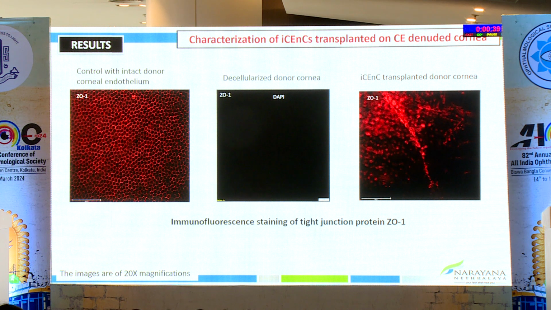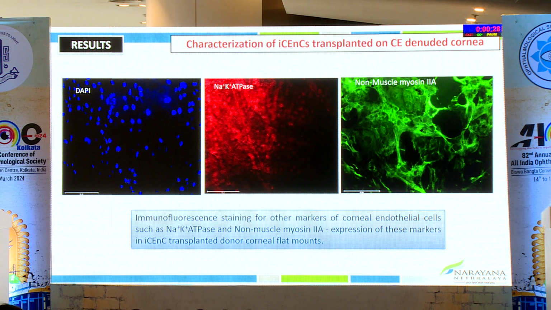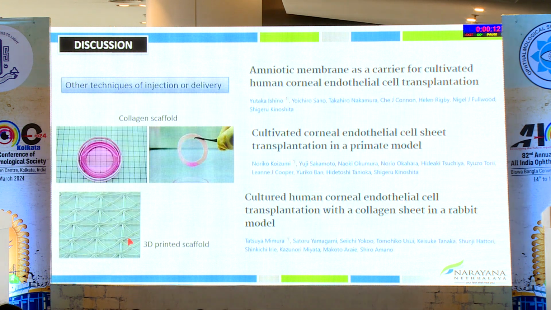Similarly, the same markers we looked at earlier, the ZO1, was found to be absent in the decellularized donor cornea and again present once we had injected the cells and incubated the eye. Very interestingly, even the functionality of the cells was proven by the sodium-potassium ATPase presence and the non-muscle myosin. So it shows that these cells not only look like endothelium, they are also already functioning like endothelium after integrating onto the cadaveric cornea by injecting the cells.